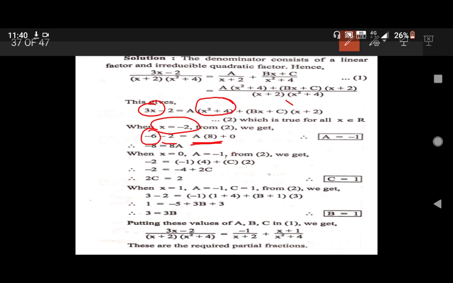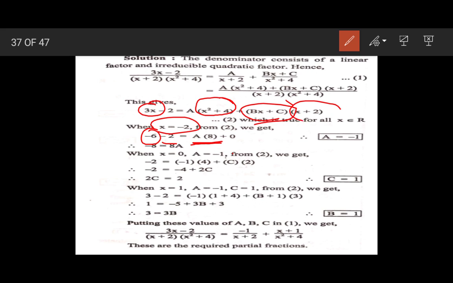When x is minus 2, substitute in the equation: 3 into minus 2 will be minus 6, minus 2 equal to A into (minus 2 square plus 4). Minus 2 square is 4, 4 plus 4 is 8, so A into 8, plus (bx plus c) with x as minus 2, which is (minus 2b plus c).